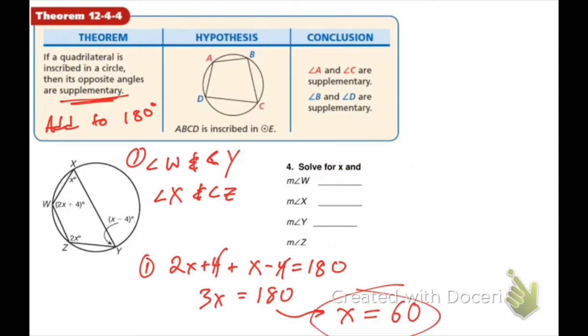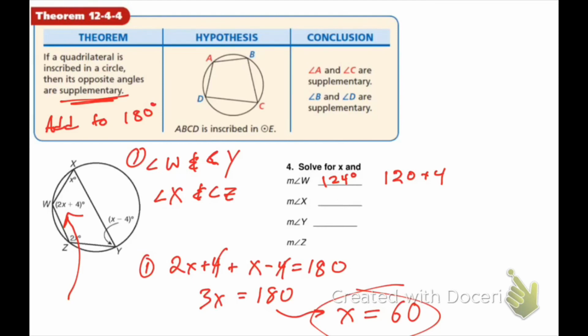So let's go and plug those back in really quick and solve for each of the angle measurements. I don't know why I said y earlier. The measure of angle W, 120 plus 4 gives me 124 degrees.